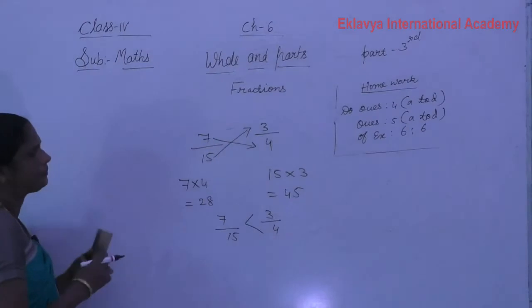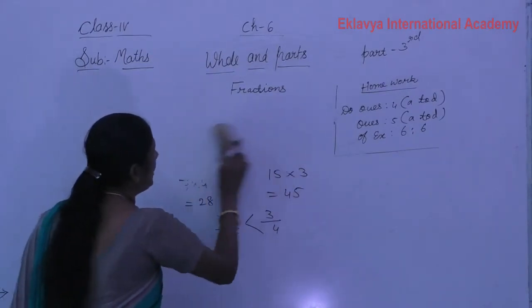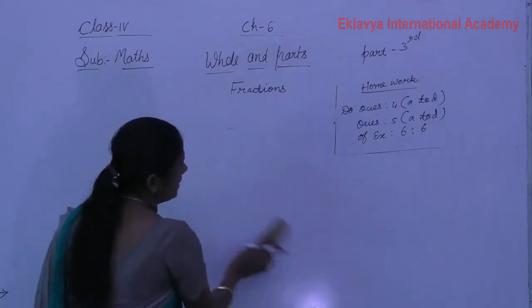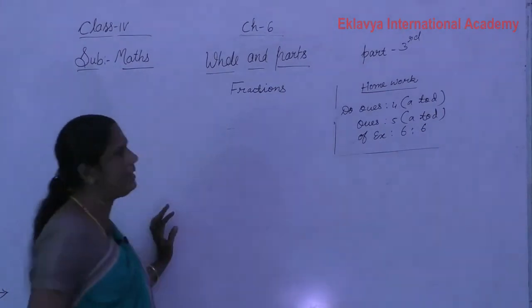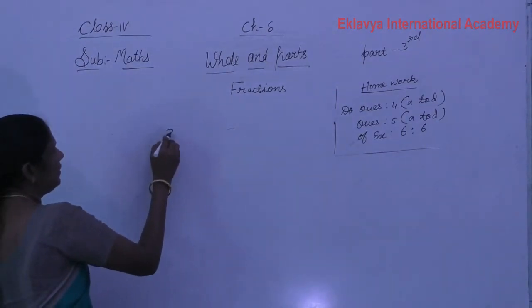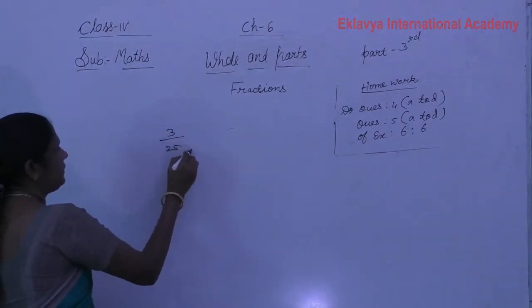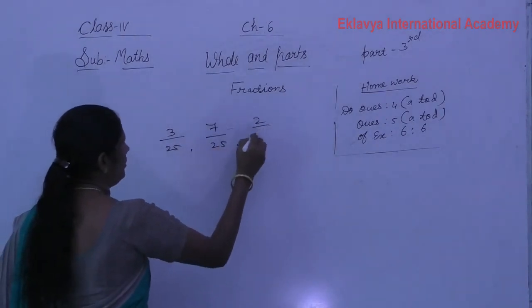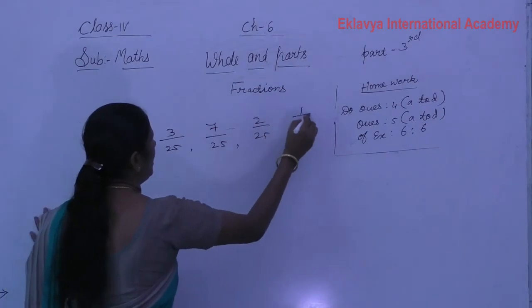Understand? Then ordering of fractions, ascending and descending order. 3 by 25, 7 by 25, 2 by 25, 1 by 25.